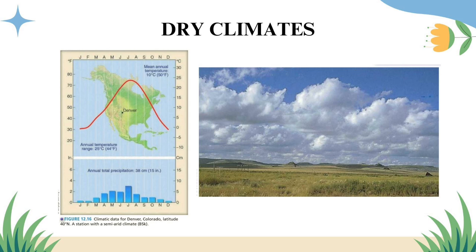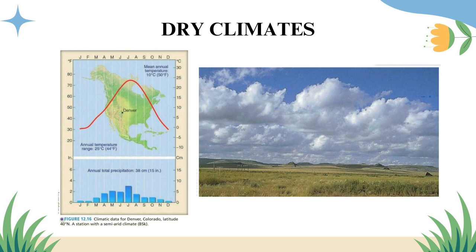Second, we have dry climates. So these areas receive very little precipitation and can be hot, mostly in deserts, or cold or semi-arid. So vegetation is sparse, including shrubs and drought-resistant grasses. So there's a large temperature range between day and night in this area, where they experience dry climates in between seasons as well.